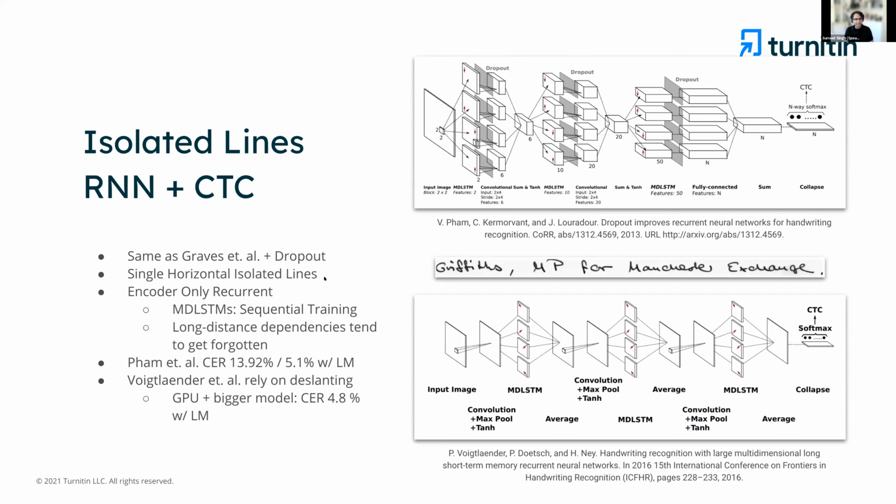And here again, you have to have single horizontal isolated lines, which means you need another process, a computer vision process before this, that takes your image and splits it into individual lines. Those systems usually have a lot of heuristics involved, and the algorithm is handcrafted.